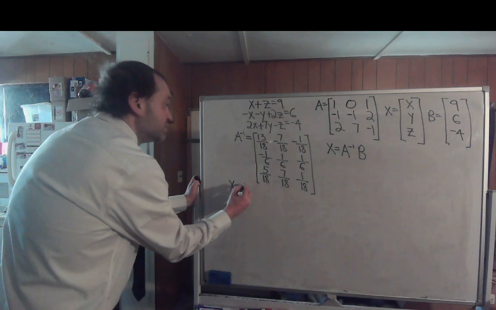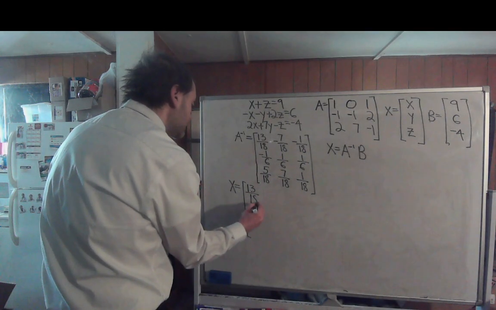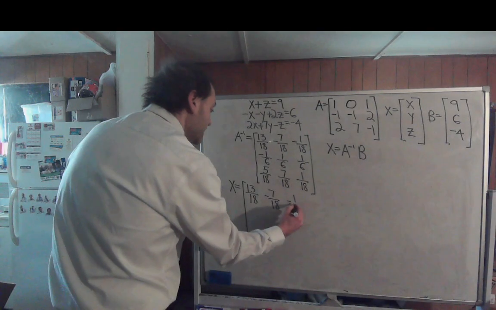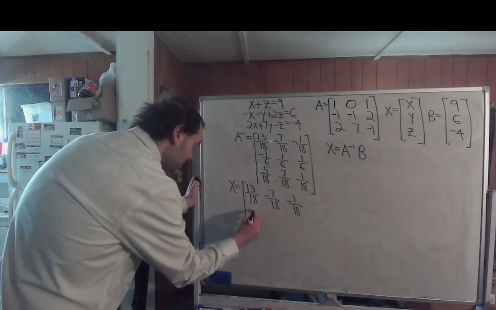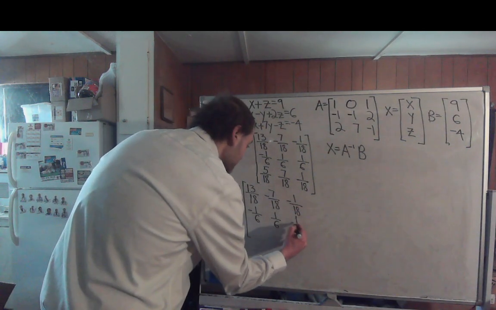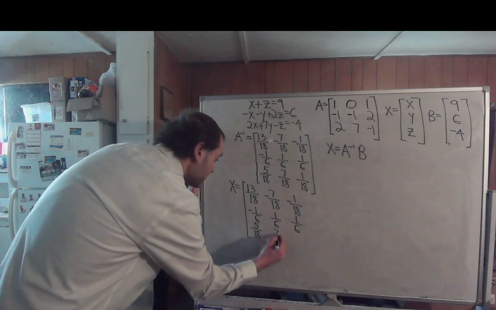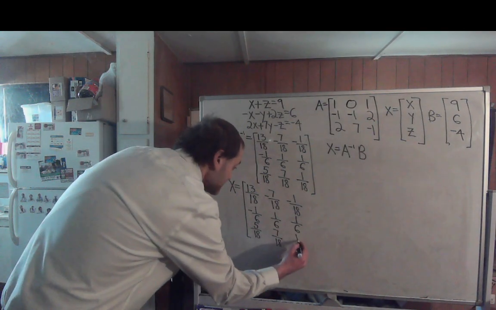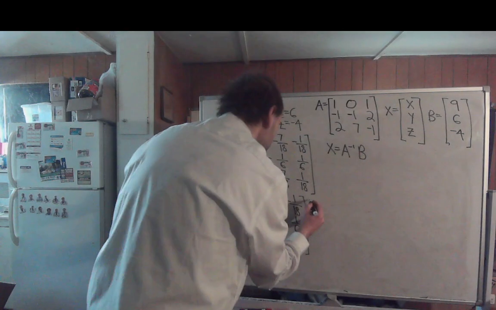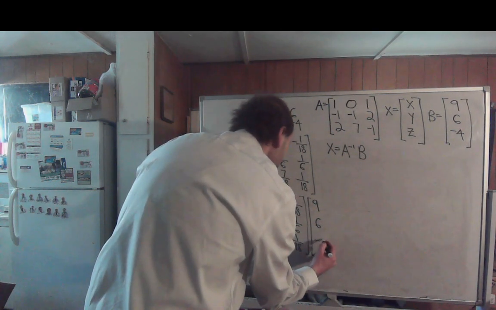X is going to equal, let's write this whole thing again, the 13/18, negative 7/18, negative 1/18, negative 1/6, 1/6, 1/6, 5/18, 7/18, 1/18, all that times your matrix B, which is going to end up being 9, 6, and -4.